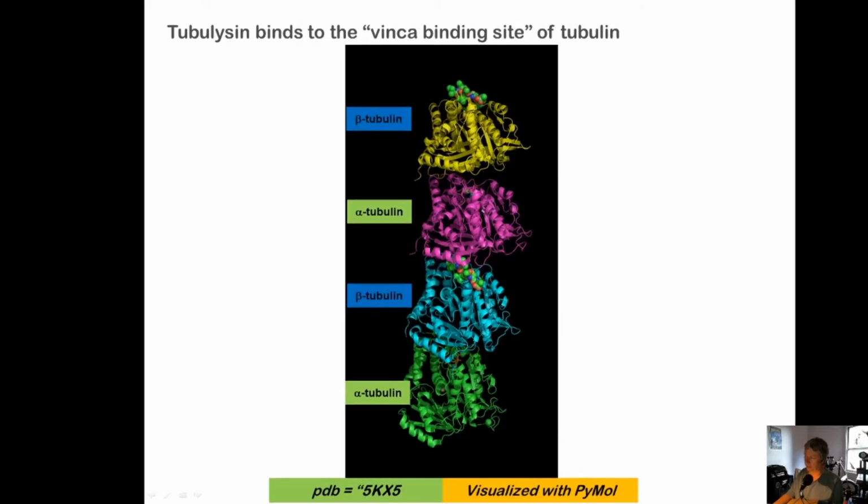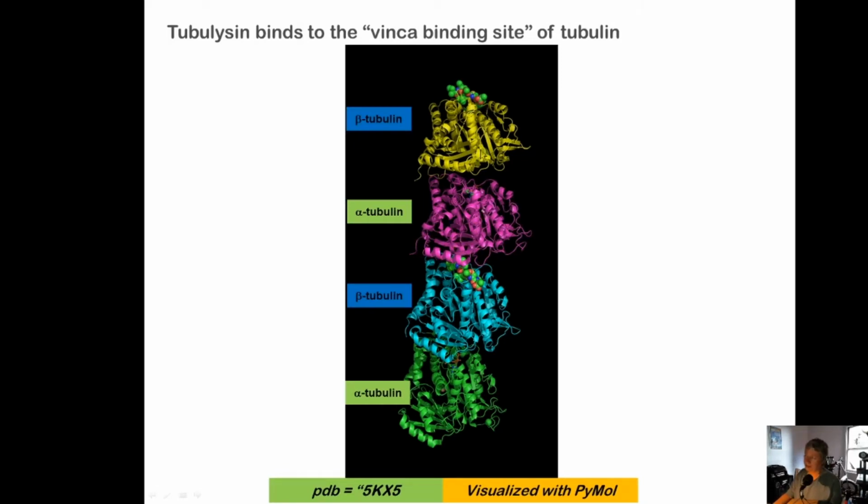this shows an X-ray crystal structure of tubulysin actually bound. Remember that tubulin has alpha and beta forms, and they stack in this manner, and there are other proteins involved in tubulin structure, but it sits in between alpha and beta forms, and I think it might go every other one.